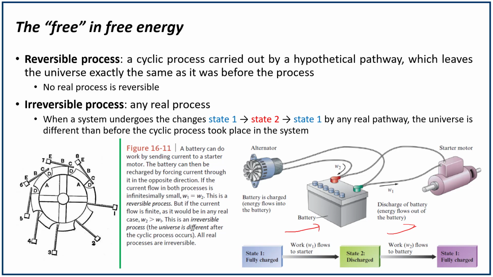What this means is that even though the battery, which in this case is the system, has returned to its original state, the surroundings have not, and as a result the universe is different. Because of this, the process of discharging and charging is an irreversible process. That's why there's a finite life for batteries, be it in cars or in cell phones.